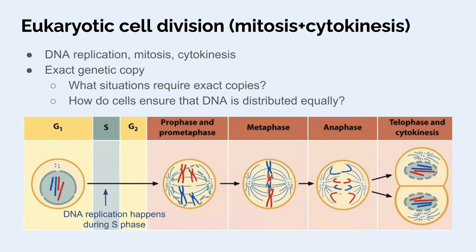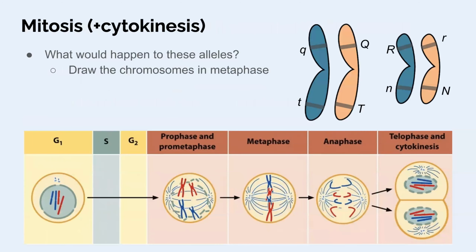All right, same stuff, now two cells instead of one. So this process of mitosis is important for making sure that the resulting cells get exactly what the starting cell started with. All right, so you could take this and draw these chromosomes out, solve your own mitosis problem.